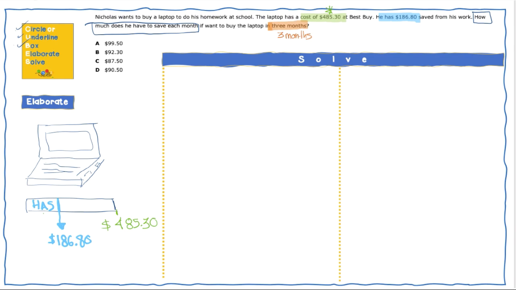So this is what he doesn't have. And we also know that he needs to get that money together in 3 months. So here, this other section is what he doesn't have, and that's what I'm going to write here.